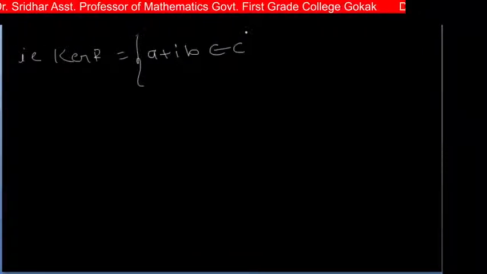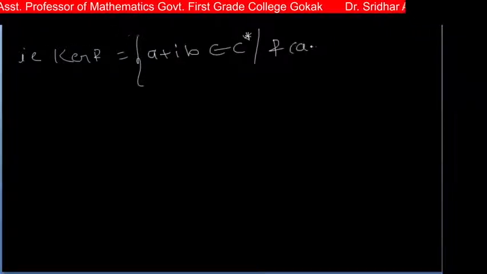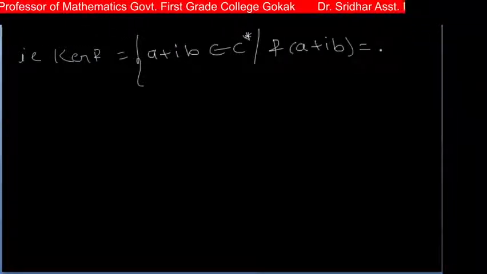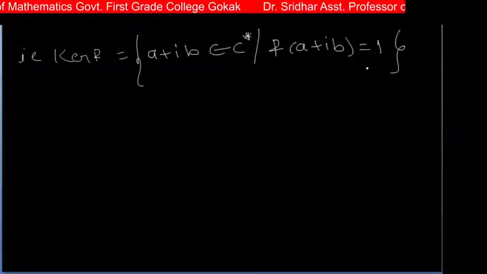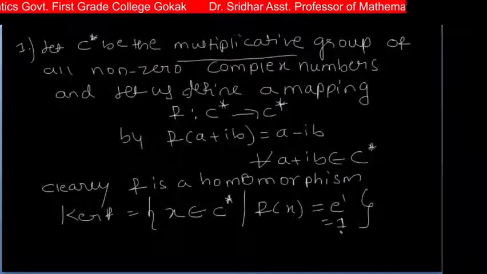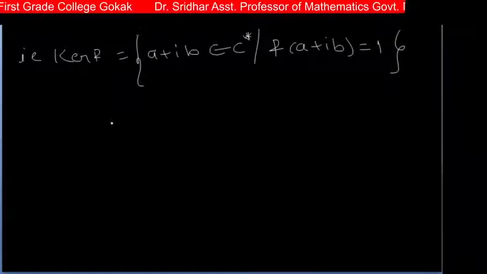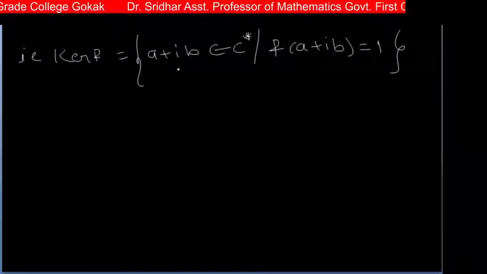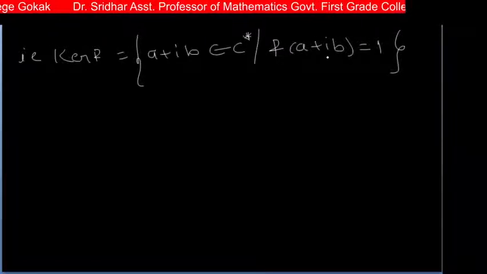So here it is a plus ib belongs to C star such that f of a plus ib is equal to 1. Replace x by a plus ib, which is equal to 1. Kernel of f is a plus ib belonging to C star such that f of a plus ib is equal to 1.